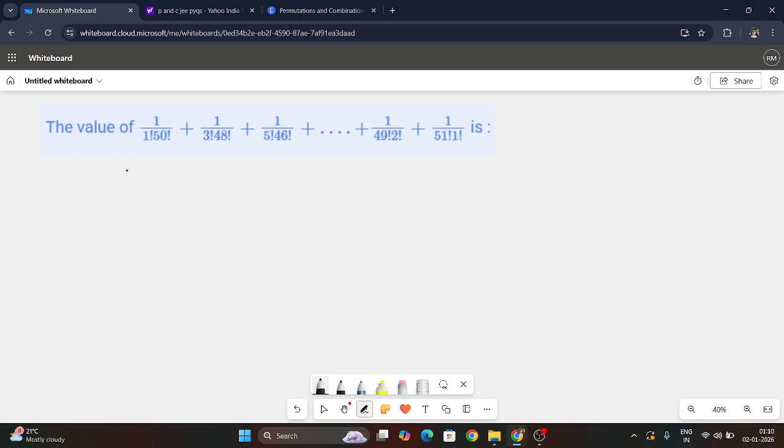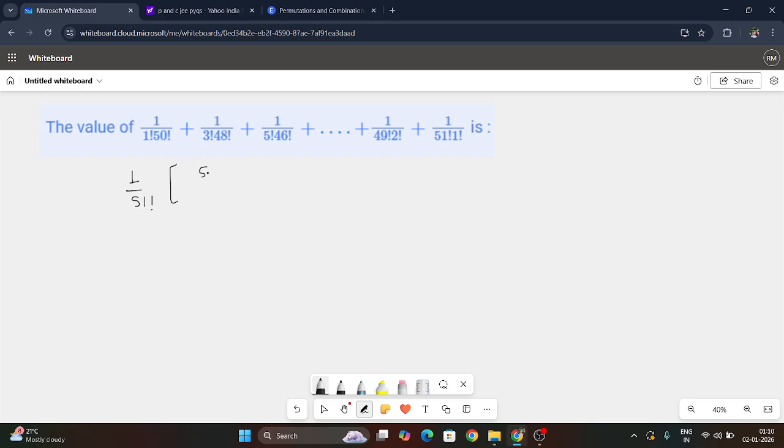So it is going to be 1 by 51 factorial, and multiply by 51 factorial.